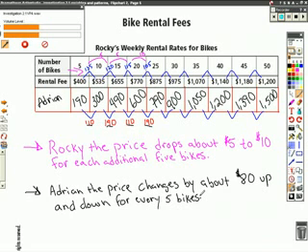All right, so Adrian, the price changes by about $80 going up and down for every 5 bikes. That's probably about as close as we're going to get to an estimate for her.